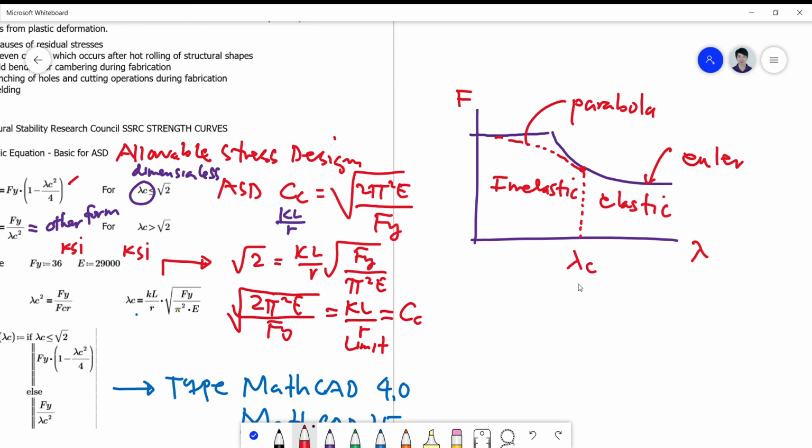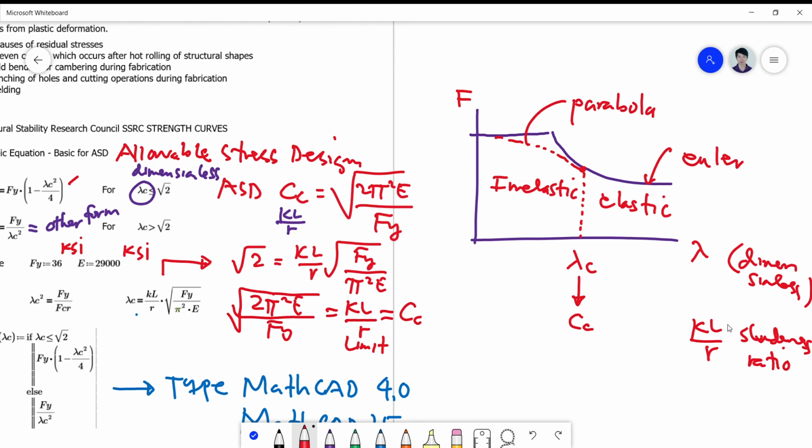Okay, in ASD, lambda sub c is more popularly known as the C sub c, which has something to do with the KL over R ratio. Here, this is dimensionless, and here, this is not dimensionless. This is a slenderness ratio. Okay, so dimensionless, and this is a slenderness ratio.